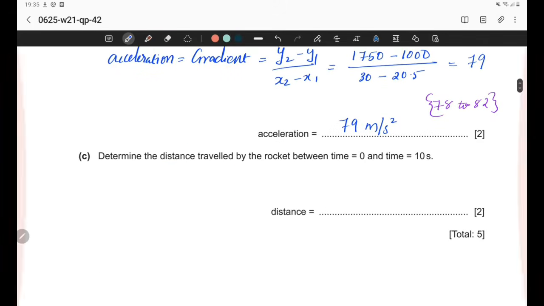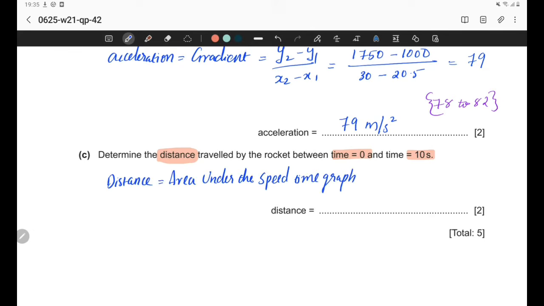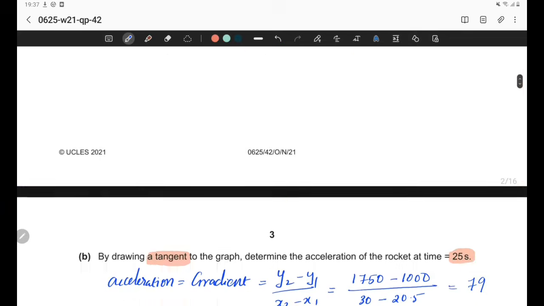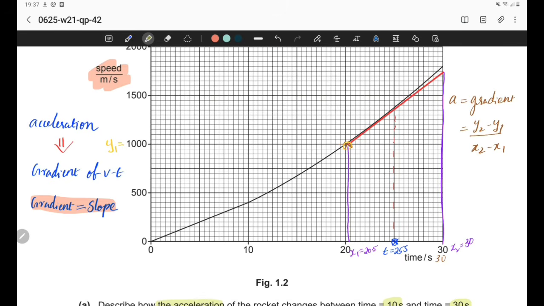Part C, determine the distance traveled by the rocket between the time 0 to 10 seconds. So we have to find out distance from a speed time graph. Distance we can measure by measuring the area under the speed time graph. Let's look at the graph again to calculate the area. The time interval given is first 10 seconds.